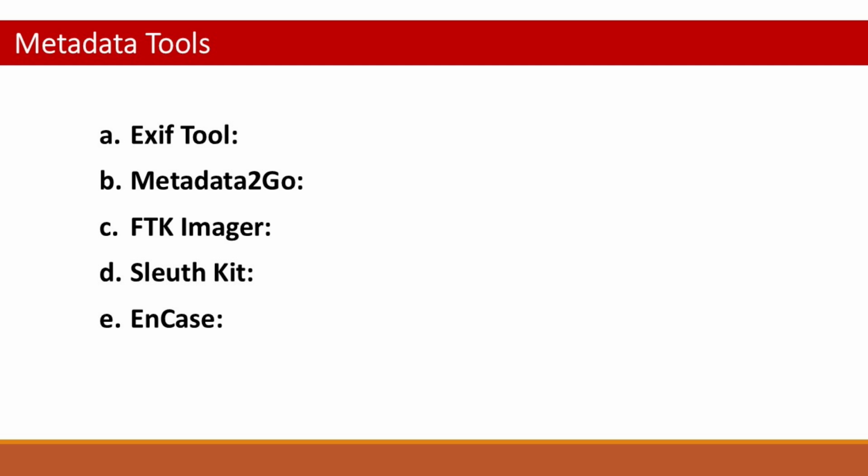We have Metadata2Go, which is very good for various file formats, like a Word document, a PDF, a photo, a video, and so on. At times, if the metadata has been tampered with, it can bring it out. You can reveal so many other things from it. We have FTK, Magnet, Sleuth Kit, CASE, and Autopsy.